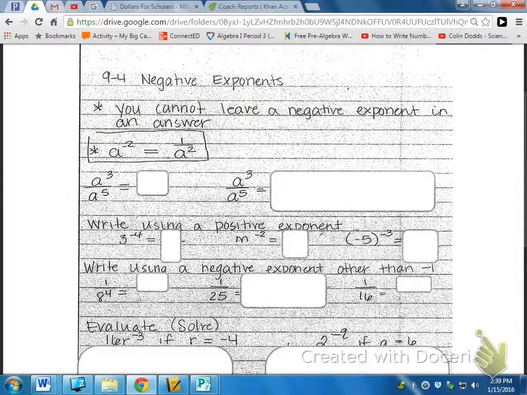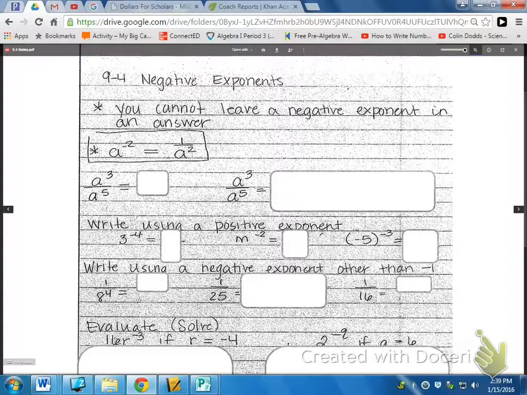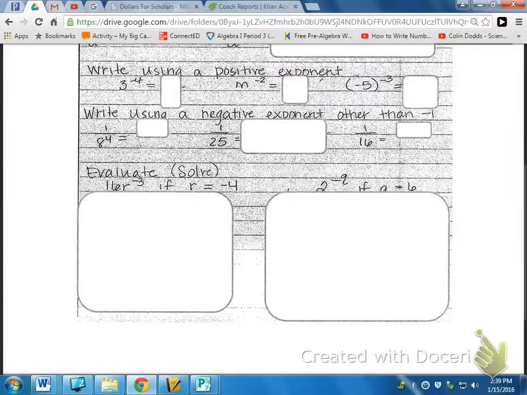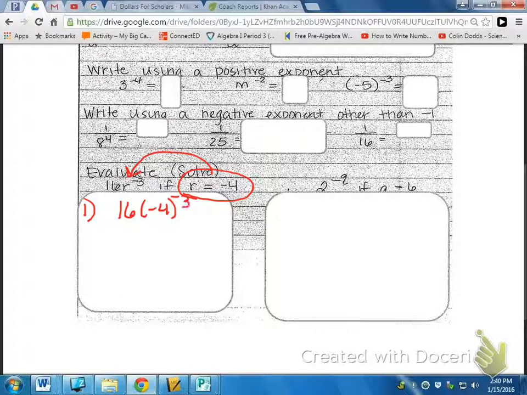Evaluate always means solve it out and get a final answer. So we have a couple of them. The first one says 16r to the negative third if r equals negative 4. I want you to do this in a process. The first thing I want you to do is take the value of the variable and plug it into the problem, making this problem 16 times negative 4 to the negative 3.